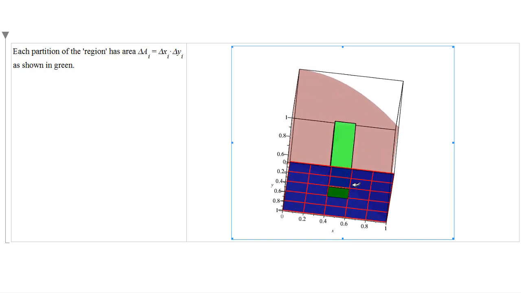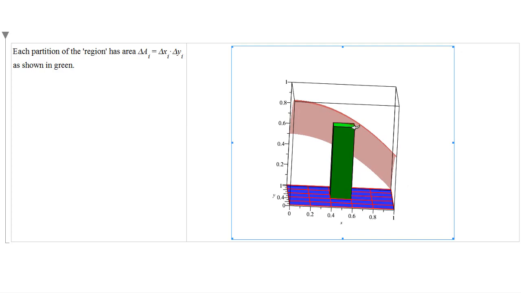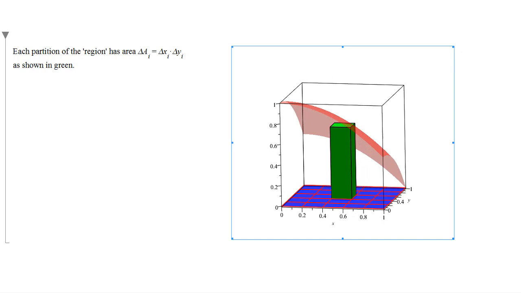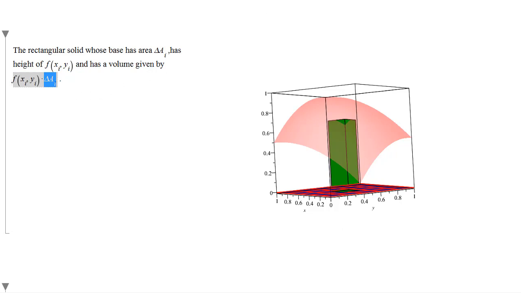Now, you can see that that creates a solid whose height is the function value. So we have the volume of that solid above the little subinterval, the partition, as being f of x y, that's the function value, the height, times the area, which is delta x times delta y.